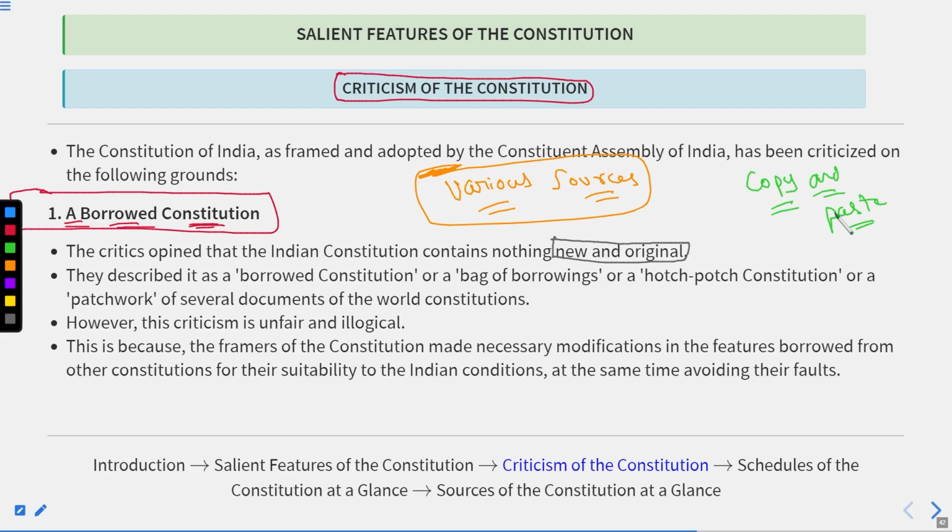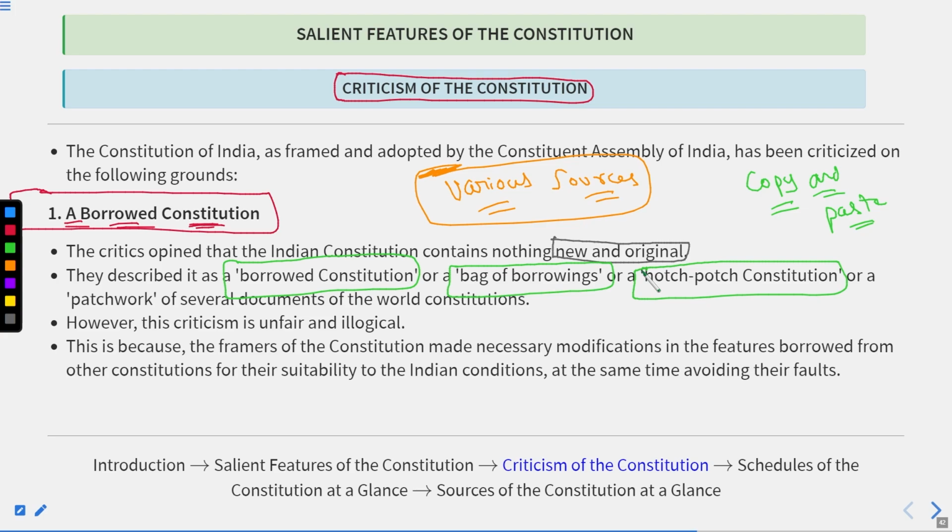That's why the words they use for the constitution are borrowed constitution, bag of borrowings, and hodgepodge constitution, also called a patchwork of several documents of the world constitution.